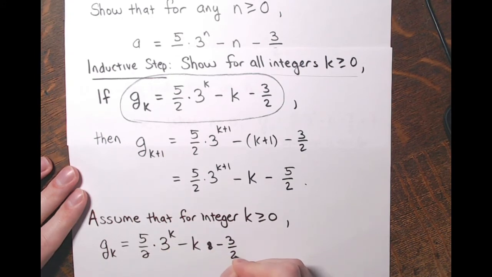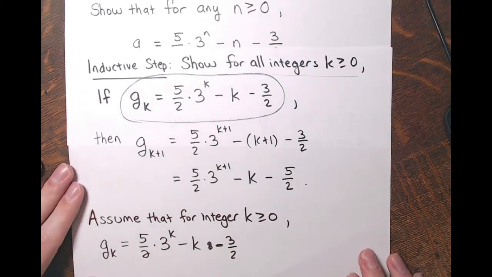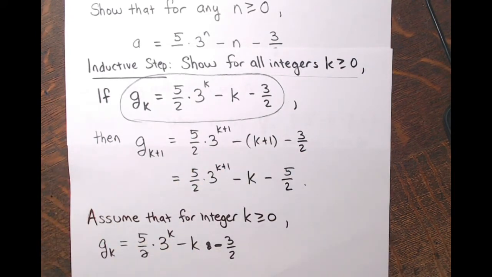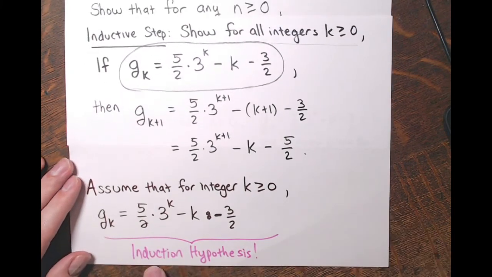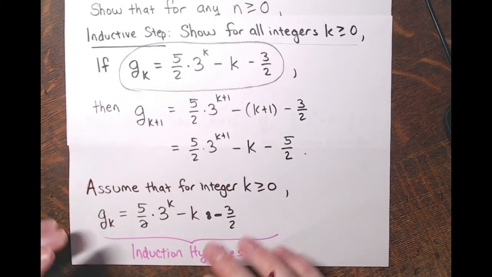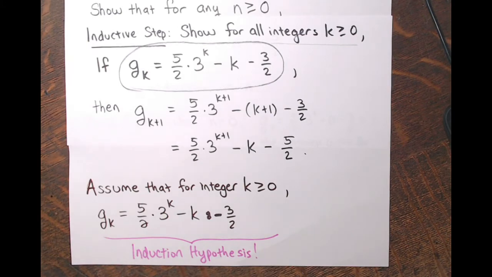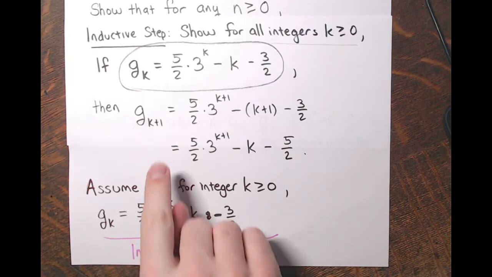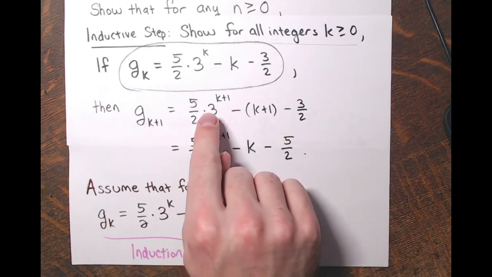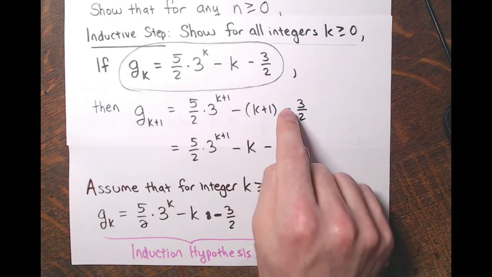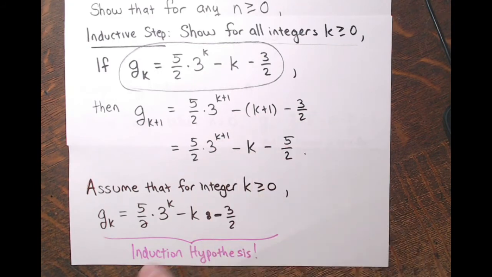We're assuming this. This is our induction hypothesis. So I eventually want to use this. And we're going to try to show that g sub k plus 1 will be equal to 5 halves times 3 to the k plus 1 minus the quantity k plus 1 minus 3 halves, or this down here.